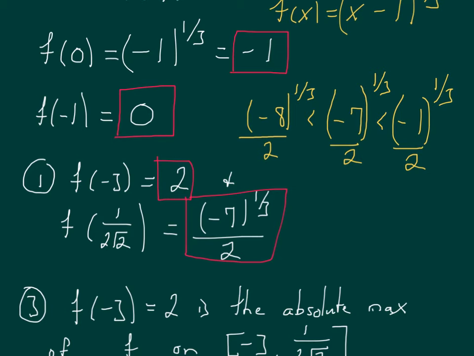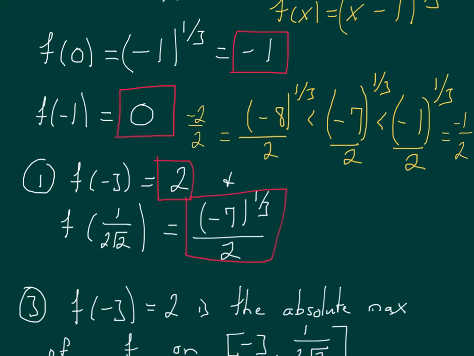And what do I see? Well, the cube root of minus 1 is minus 1. I already calculated that, so we have minus 1/2 here. And what's the cube root of minus 8? Well, what number cubed is minus 8? Minus 2 cubed is minus 8. So the cube root of minus 8 is minus 2.